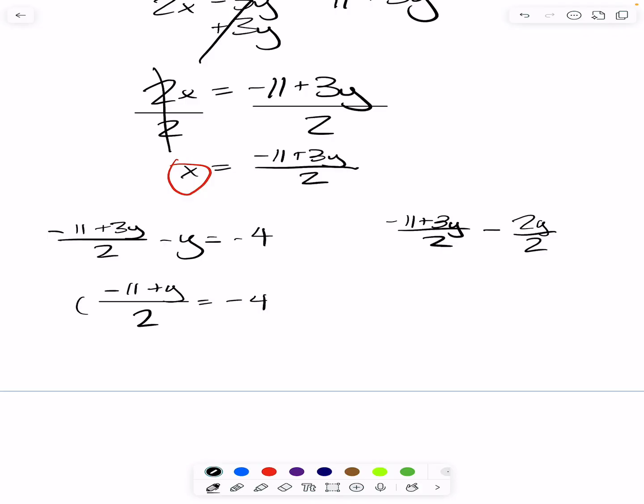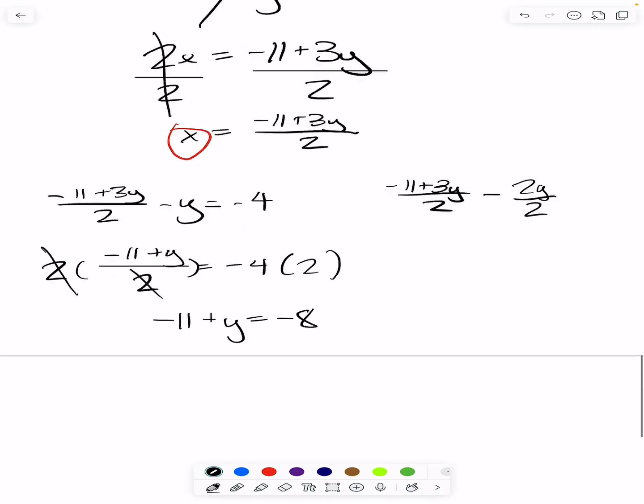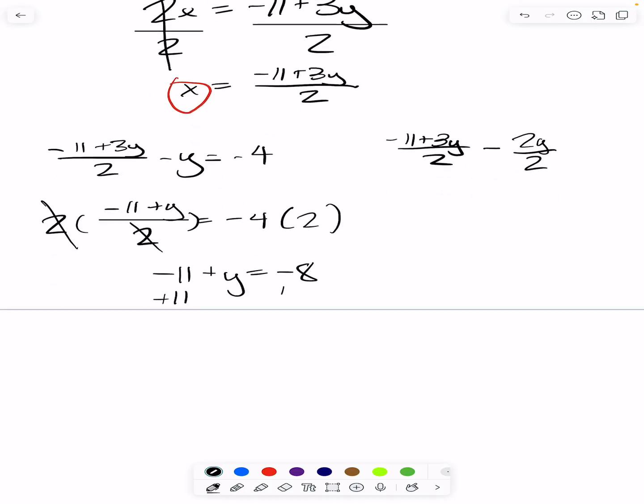From here, I can multiply by my 2, because that's the opposite of division. That cancels. This becomes negative 11 plus y equals negative 8. From here, I can add my 11. That cancels, so y equals 3.